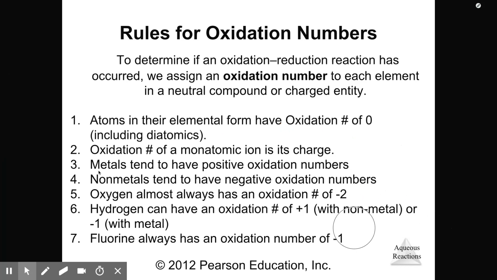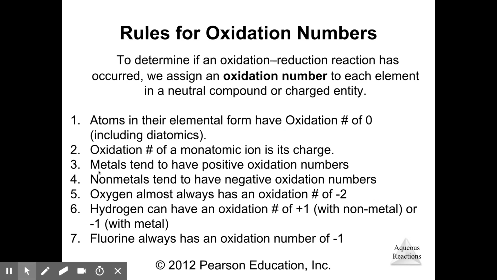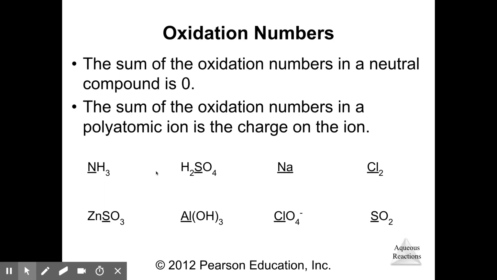When we're assigning oxidation numbers, you want to start with the always rules, so oxygen, hydrogen, fluorine if there is one, and then you can work out and balance from there. So the sum of the oxidation numbers in a neutral compound is 0. And if it has an ion charge, we have to take that into consideration. We have to leave that charge.